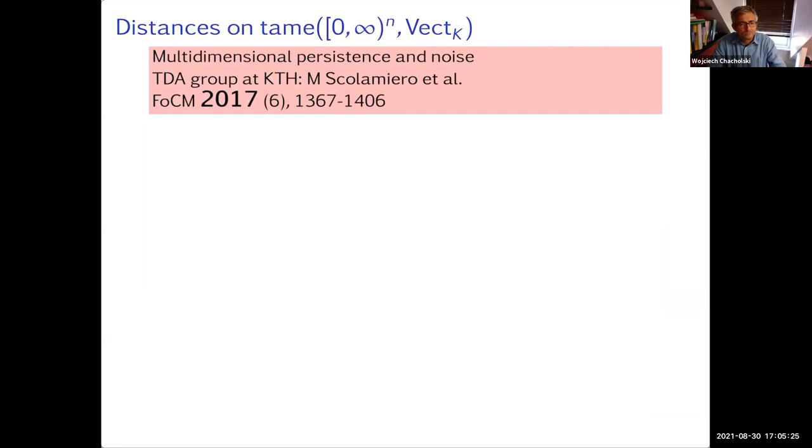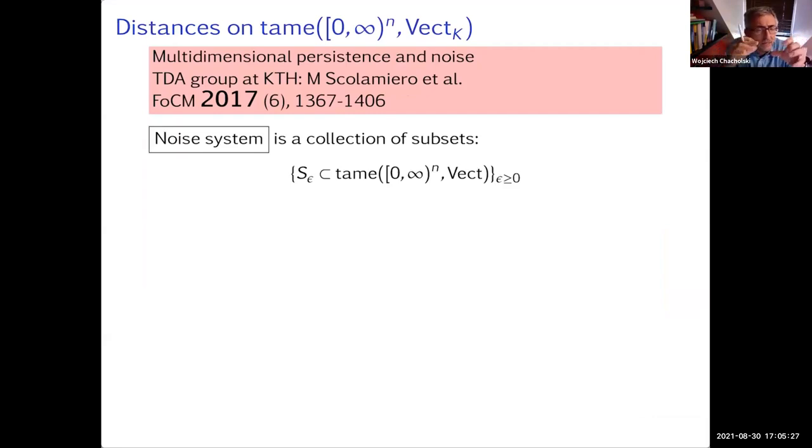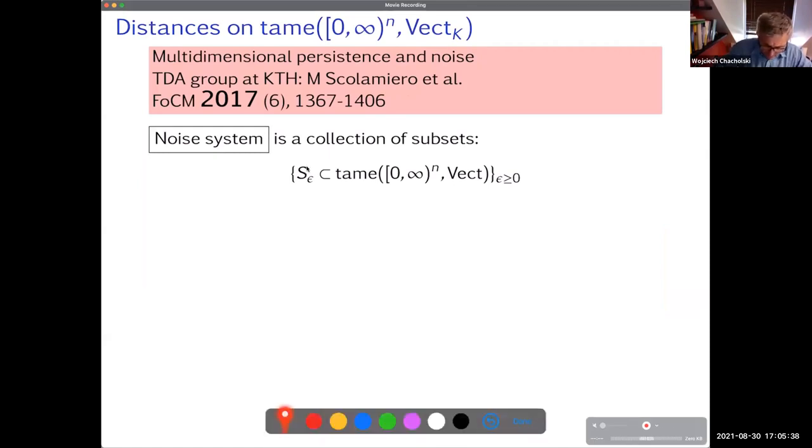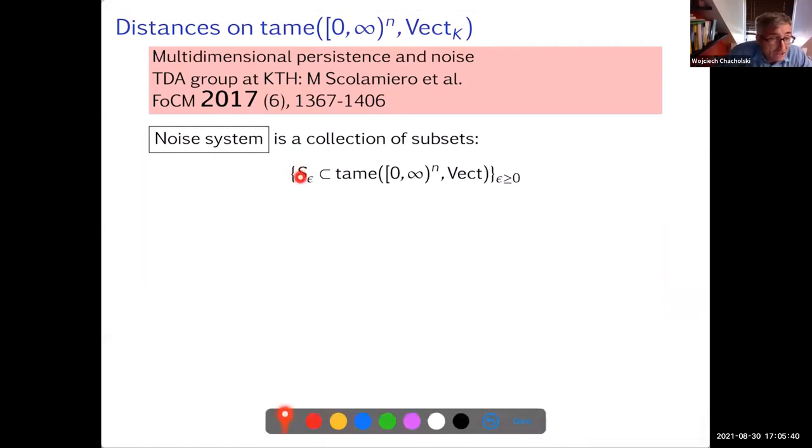A noise system is an abstraction of what you might consider disks around the zero object. You think about S epsilon as a disk of radius epsilon about the zero object, and it is an abstraction of what these disks should satisfy.